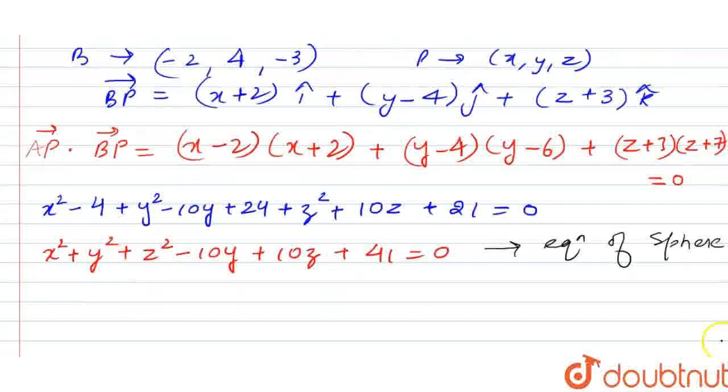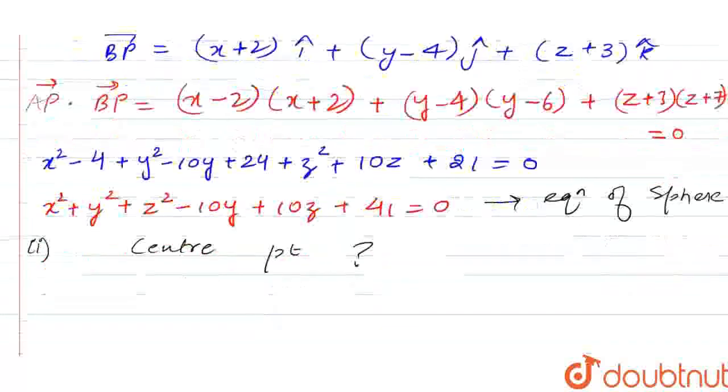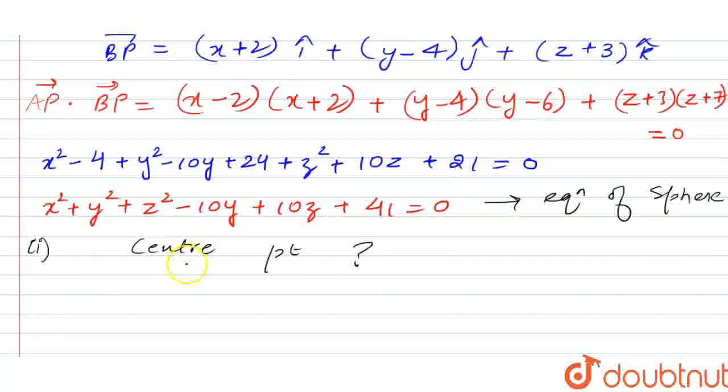Now the second part of our question is to find the center point coordinates. We have to find the center point. Now we know that the center point can be found using minus u, comma minus v, comma minus w.